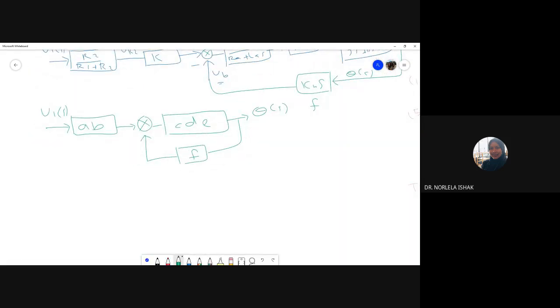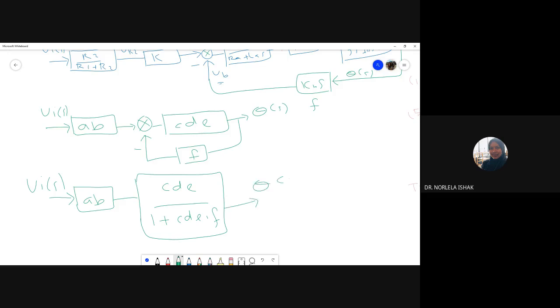Okay. Then from here you can get A and B cascade. And then from here you will get CDE. This is a minus 1 plus CDE multiply with the F. And then this is the output, angular displacement.